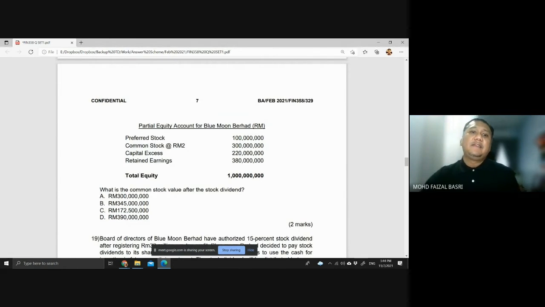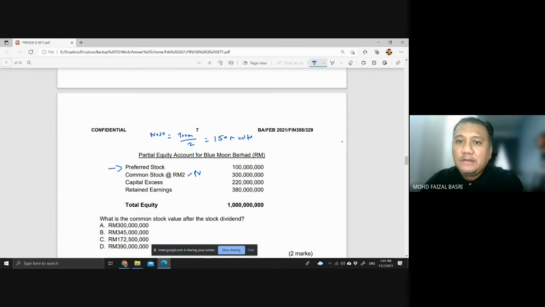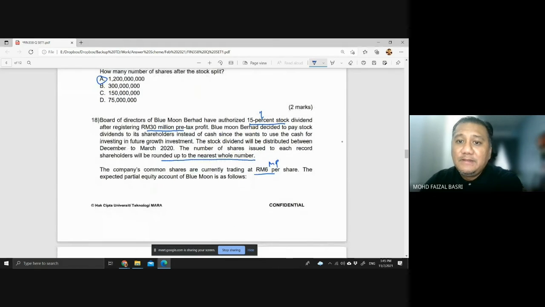So they have the preferred again kat sini. They have common stock at RM2. So this is the par value. So NOSO is 300 million divided by RM2. So it's 150 million units in the NOSO. So daripada 150 million ni dia akan issue 15%.